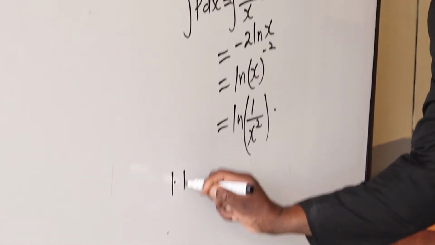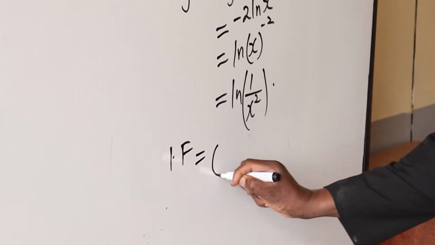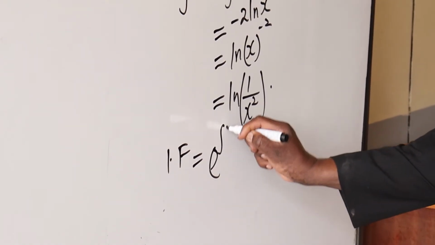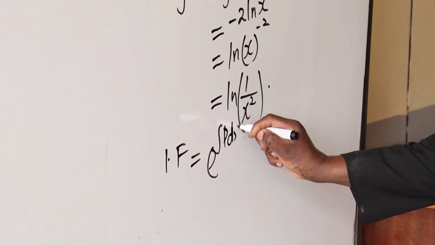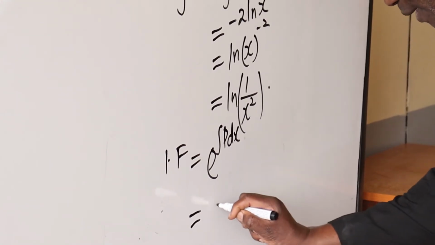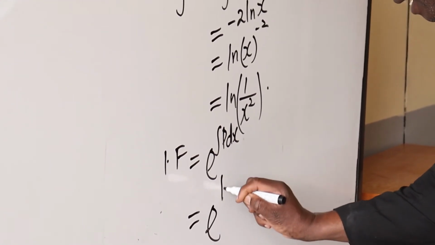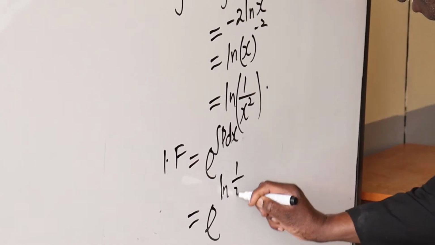The integrating factor will be equal to exponential of the integral of p dx, which is equal to exponential ln of 1 all over x squared.